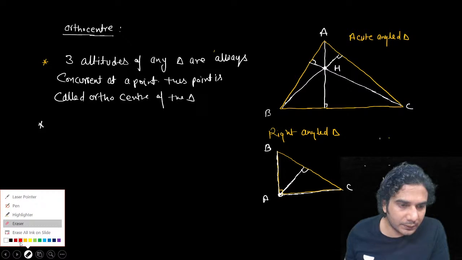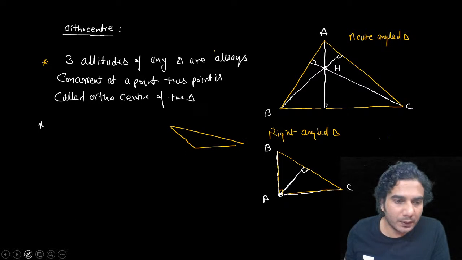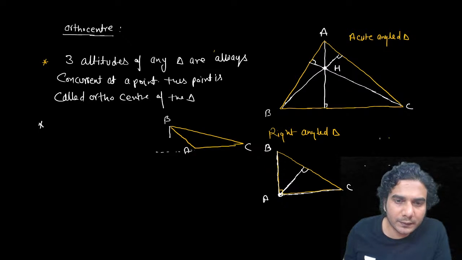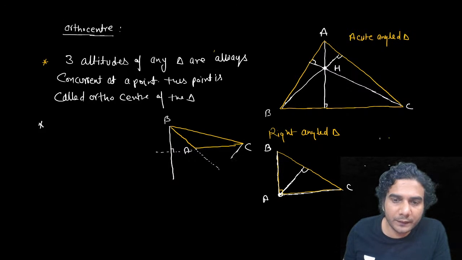So see, this is an obtuse angle triangle. In this obtuse angle triangle, suppose this is A and this is C, the altitude from B will be this. You can see this angle is 90 degrees. If you extend BA, then the altitude from C will be outside the triangle again.